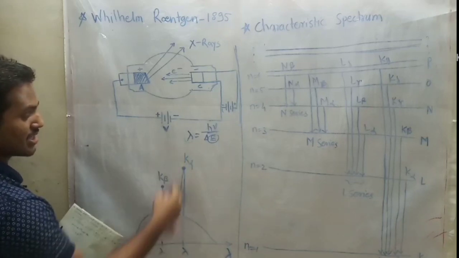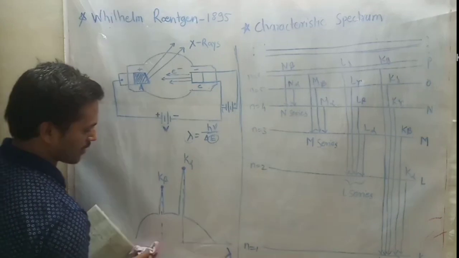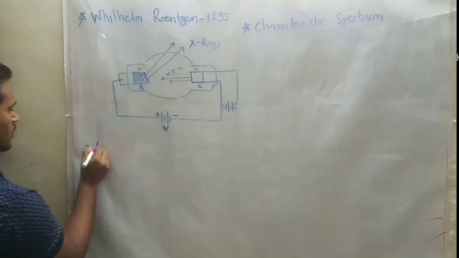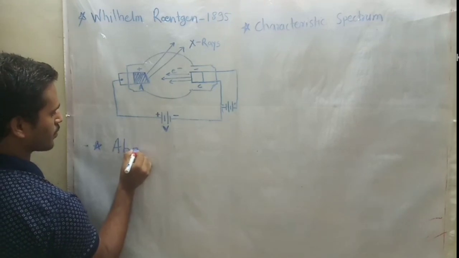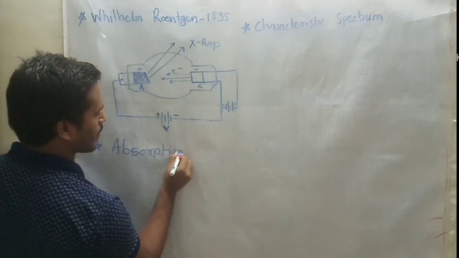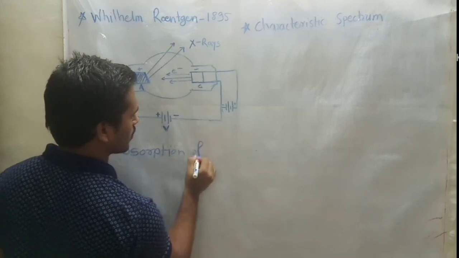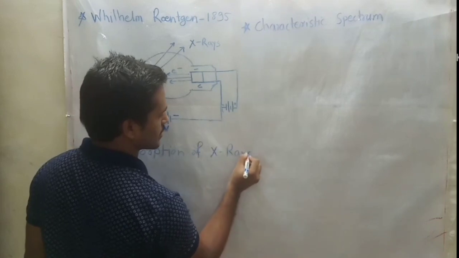This spectrum consists of sharp lines, hence it is known as the characteristic spectrum. Now we will study the absorption of X-rays.